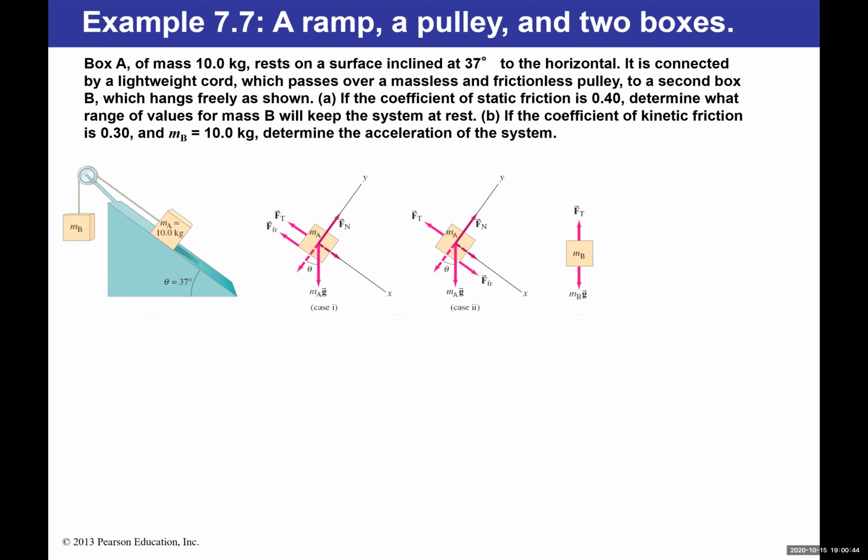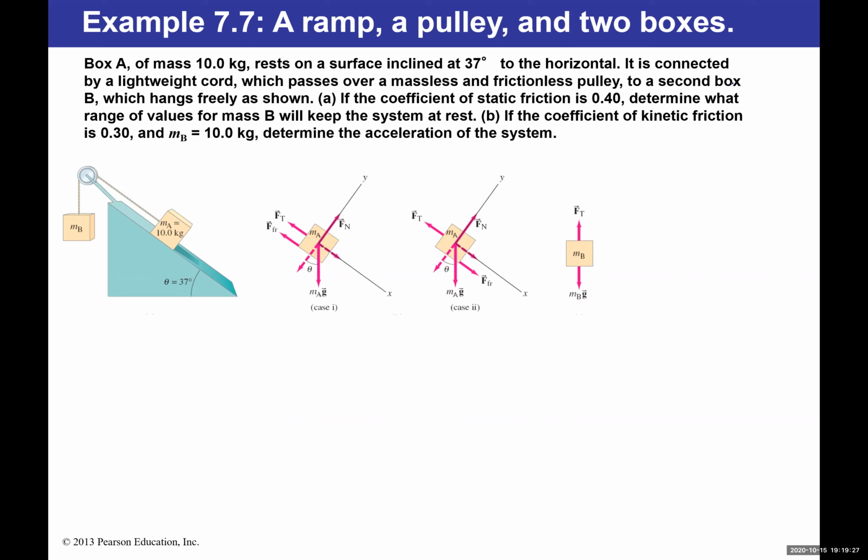So you can see that now we have a system with 2 blocks connected to one another, but the surface is not flat for the second one, mass A, but inclined. Now the question is why part A is asking for the range of values for mass B. There are 2 reasons.